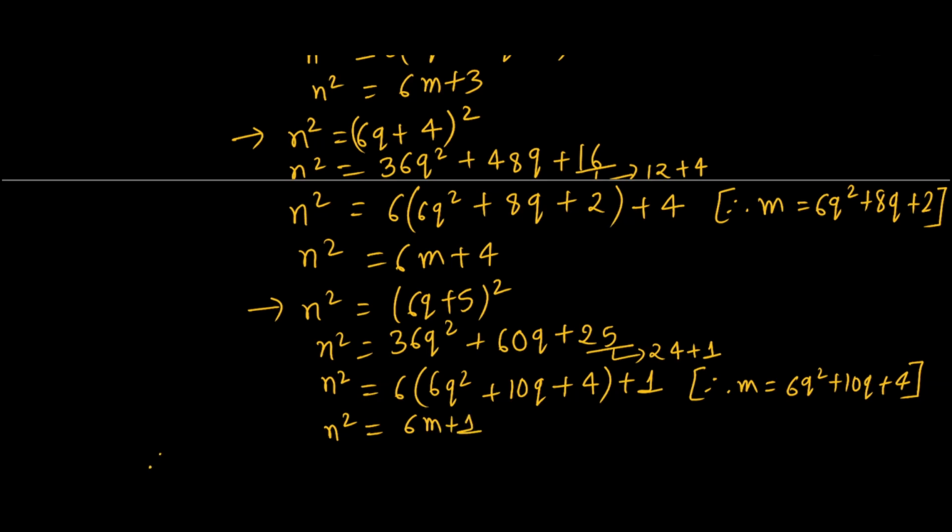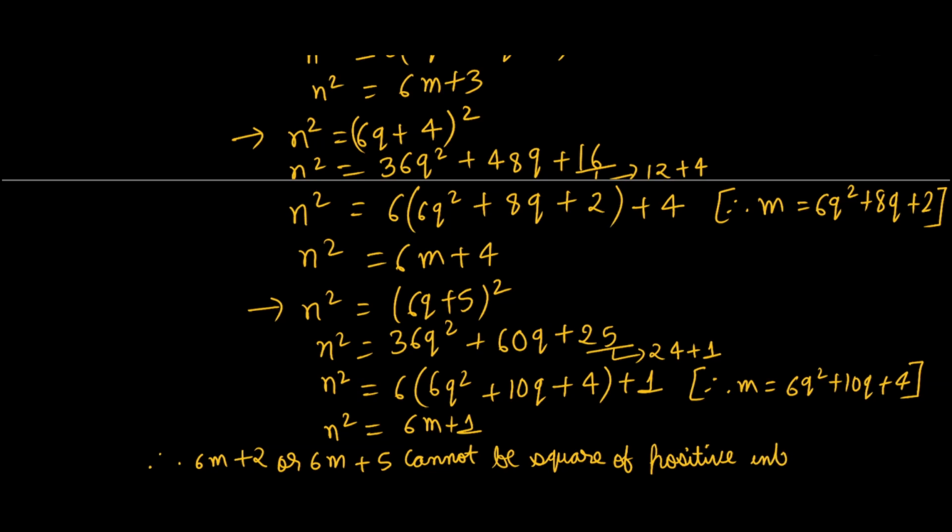So we conclude that hence 6m plus 2 or 6m plus 5 cannot be the square of a positive integer.